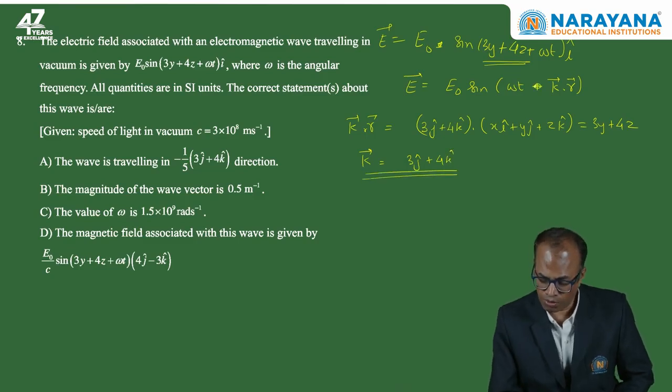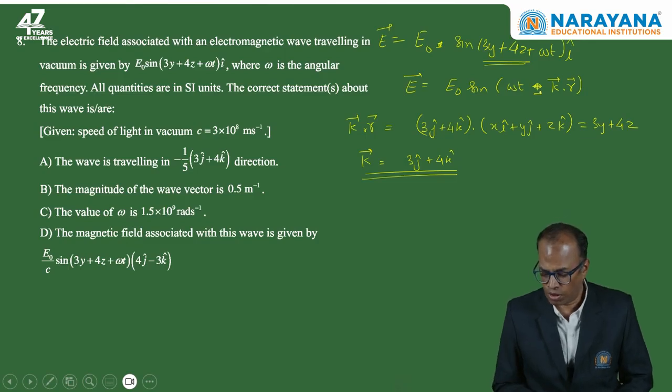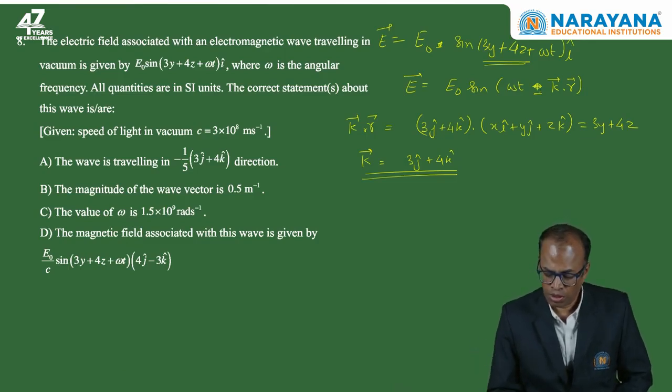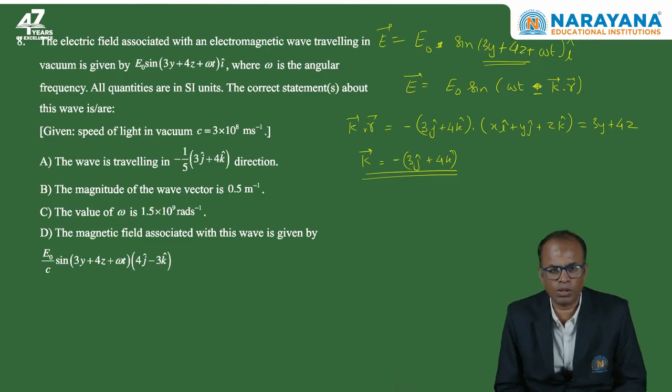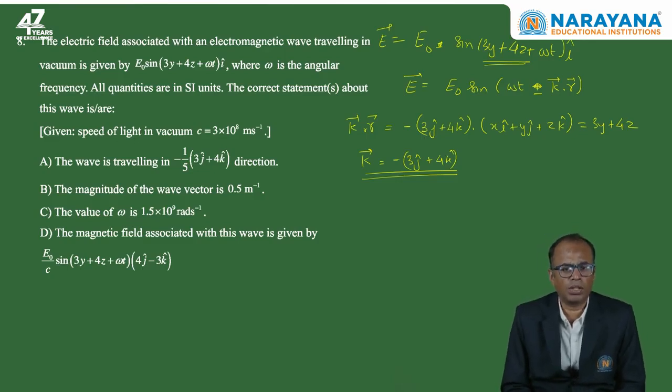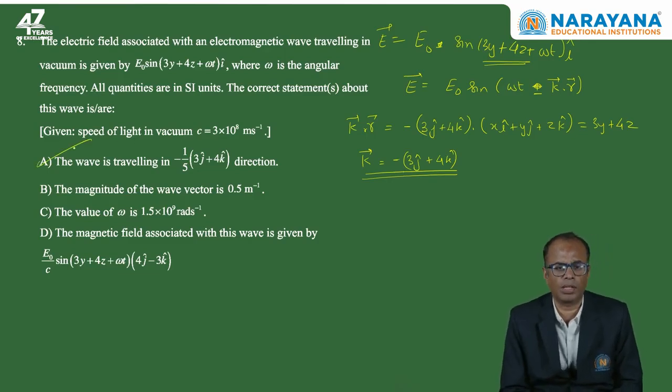And the standard equation is minus k dot r. So if it is minus k dot r, then k should be the negative of this, so the propagation vector is minus (3j cap plus 4k cap). So the direction is minus (3j cap plus 4k cap) divided by 5, the magnitude of this vector. So option A is correct.